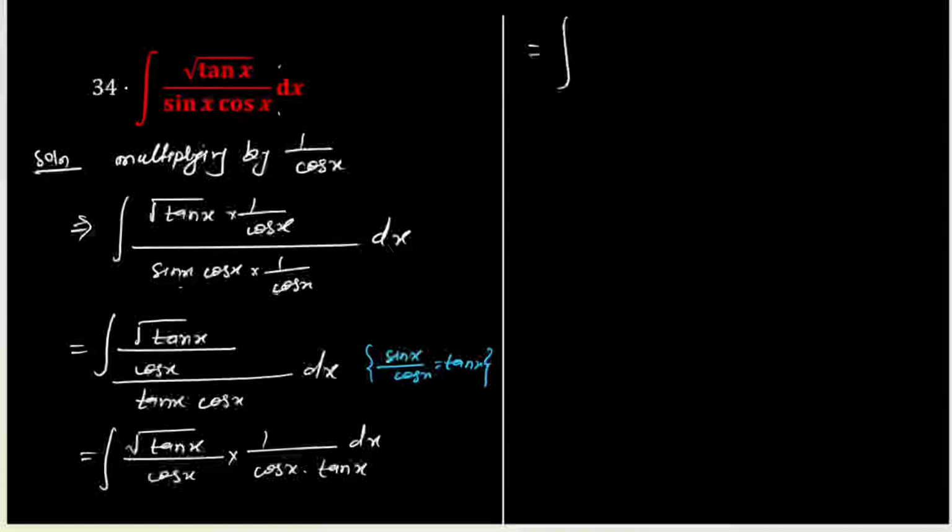Here the root is cancelled, power 1 by 2, and so 1 by cos x multiplied with root tan x dx.